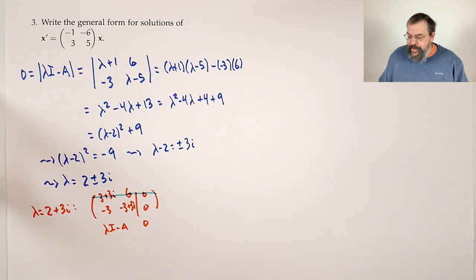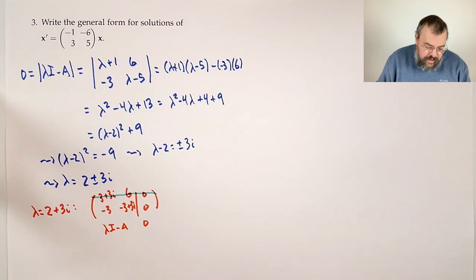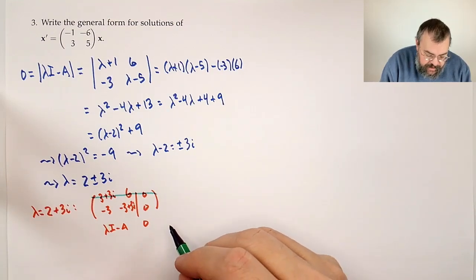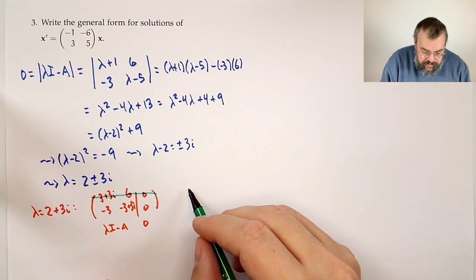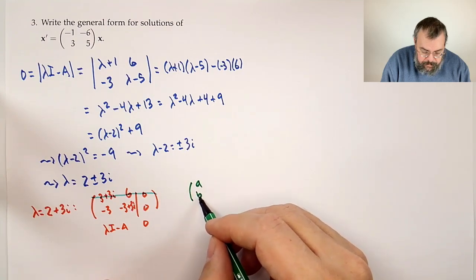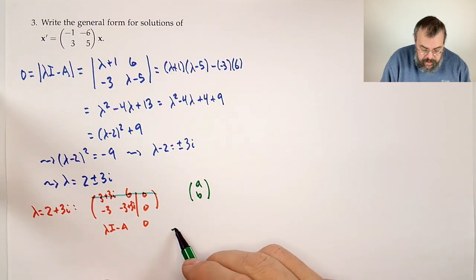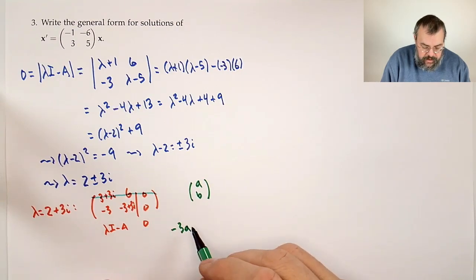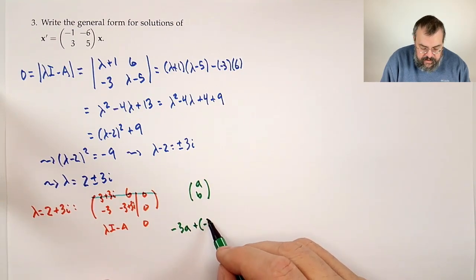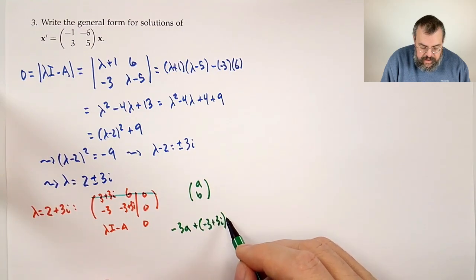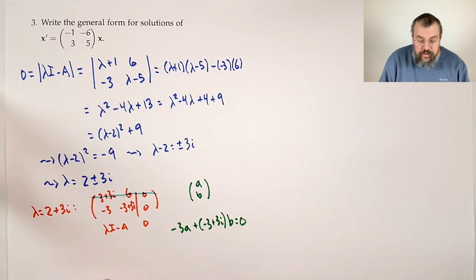And now what we have here is, if we're thinking of the vector we're looking for as having the form a, b, then what has to be true is we need minus 3a plus minus 3 plus 3i times b has to equal 0.